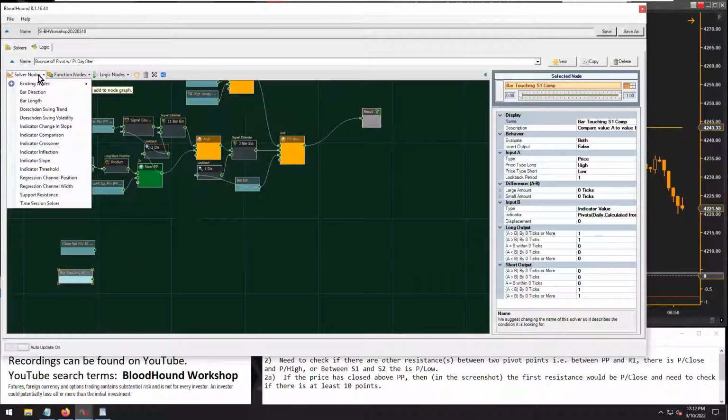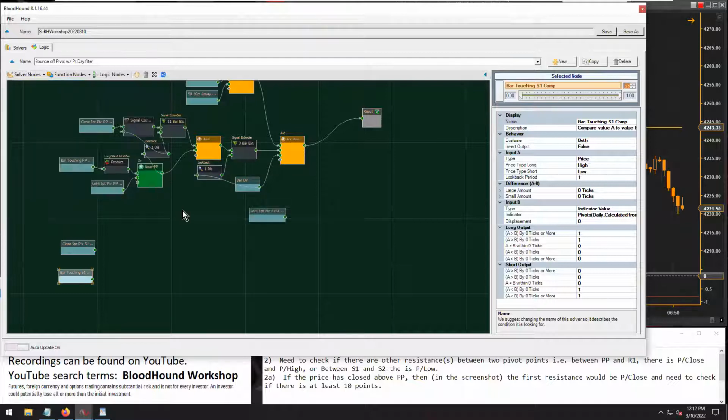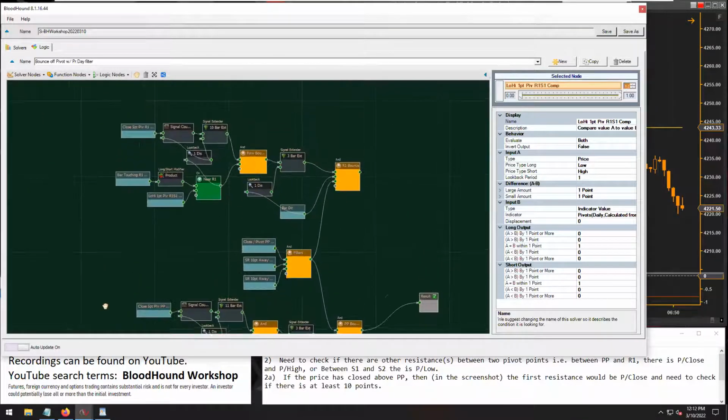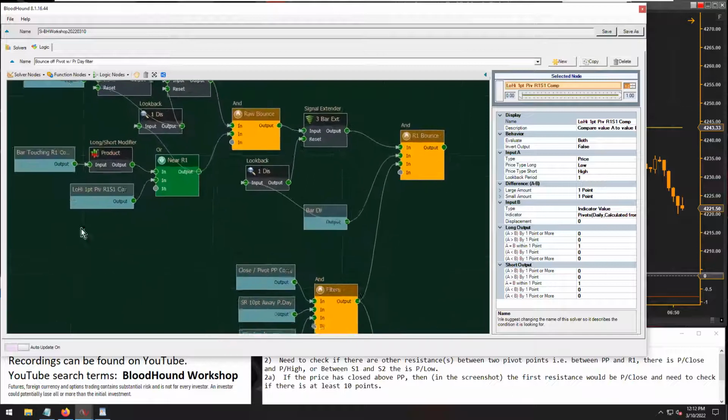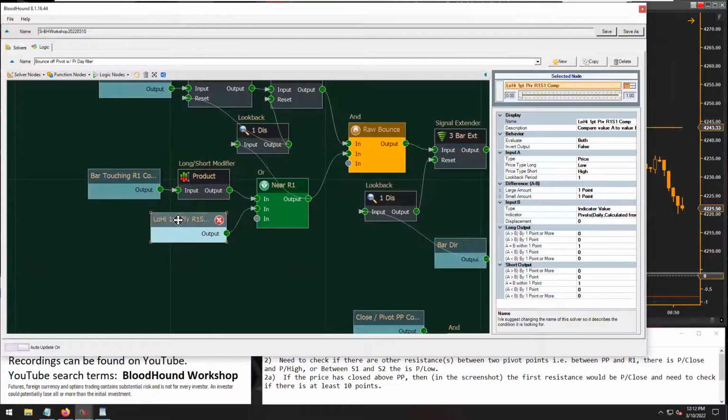And then also let's drop this previous one, right, that we made a while ago that works for R1 and S1. So we'll drop that in down there. There. Right, so remember, let's go back here. So it's this solver right here that works for R1 and S1.